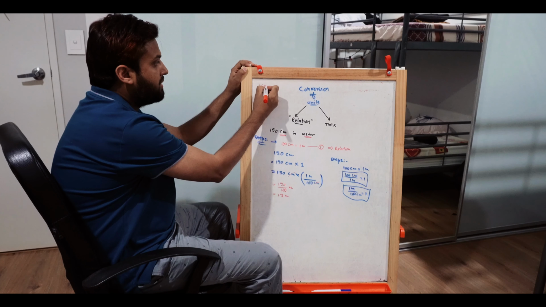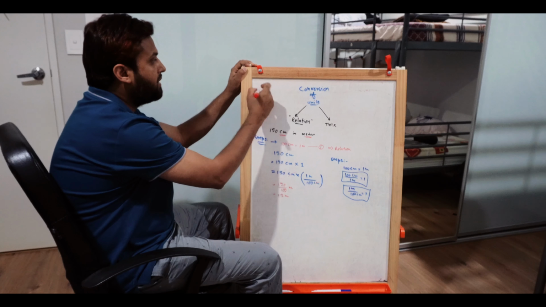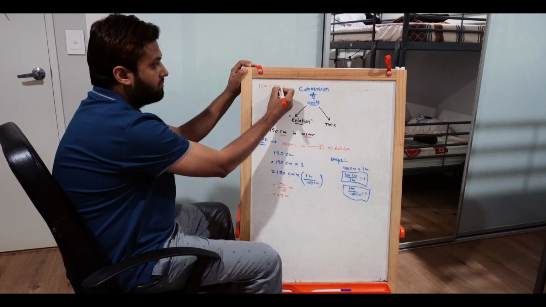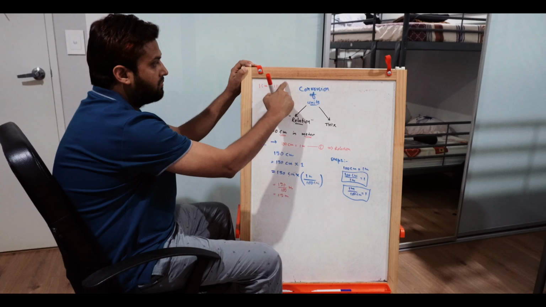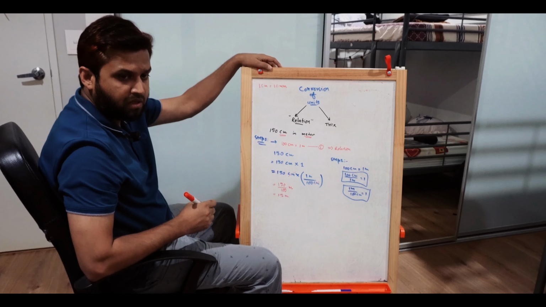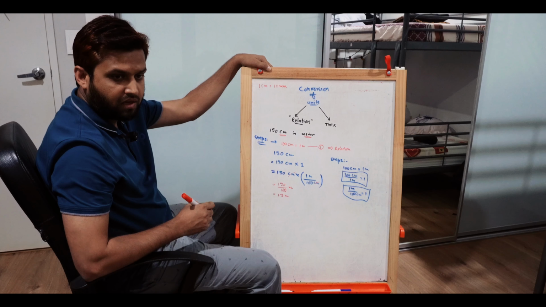So 1 centimeter equals how many millimeter? 1 centimeter equals 10 millimeter. Is it right? Yes.